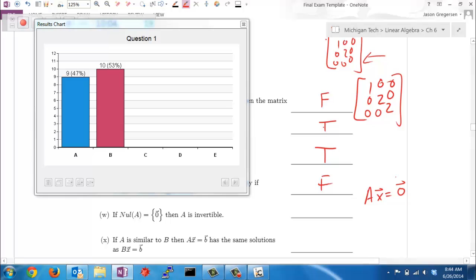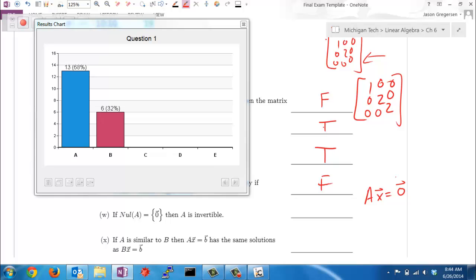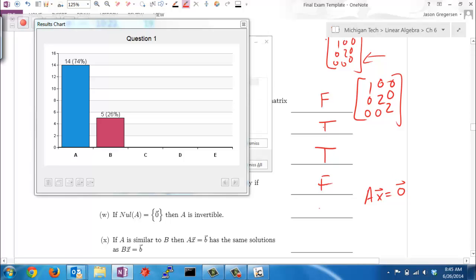Well, if A is invertible, that's exactly what we'll get for a solution. That will be the only solution. This one turns out to be true. That's one way to think about it. That's not a proof of it by any means, but this one also is in our giant invertible matrix theorem that goes through the alphabet plus things for options. This one is true.